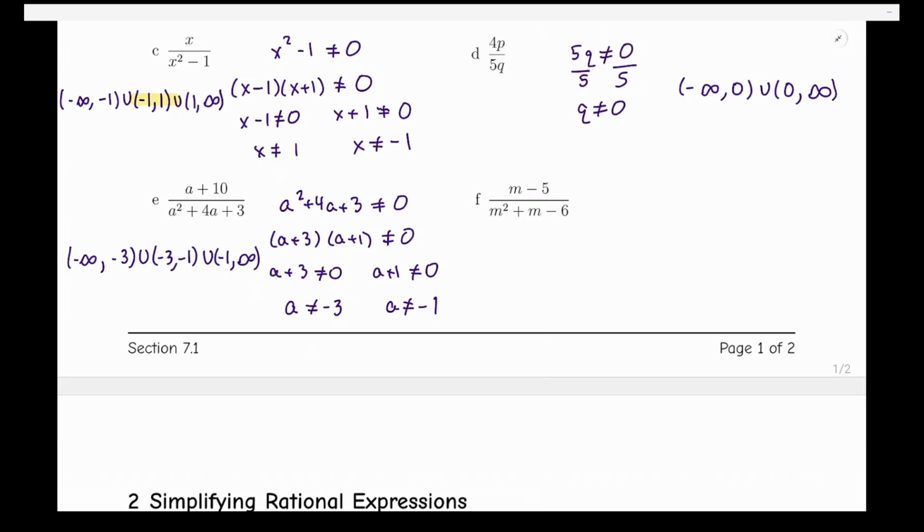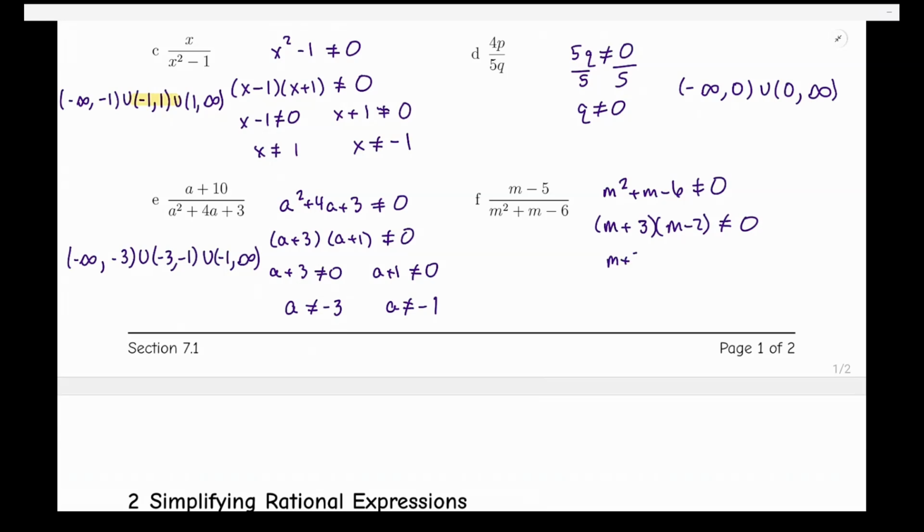And then part F, m minus 5 over m squared plus m minus 6. Again, we take our denominator not equal to 0. We got a quadratic again, so I'm going to factor it. That means m plus 3 and m minus 2 cannot equal 0.